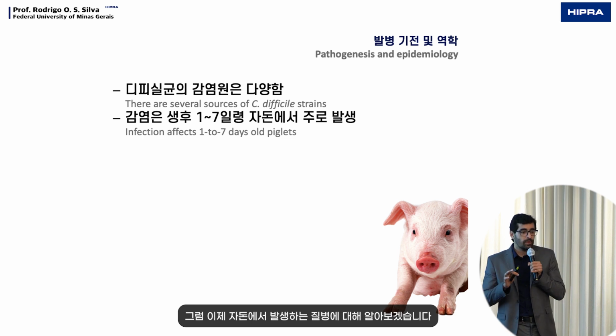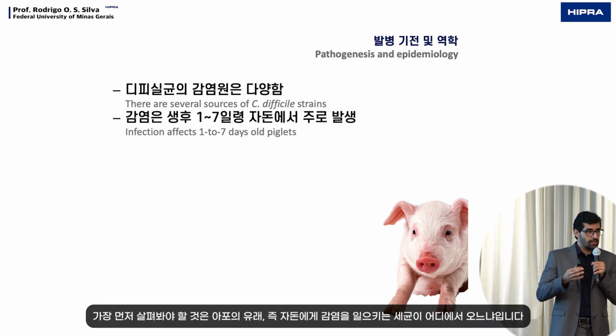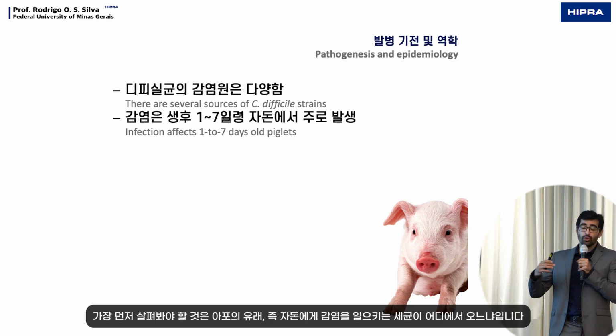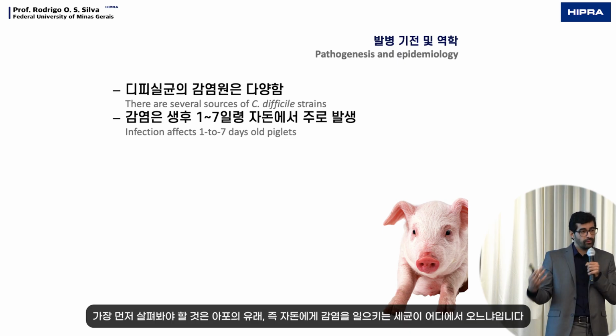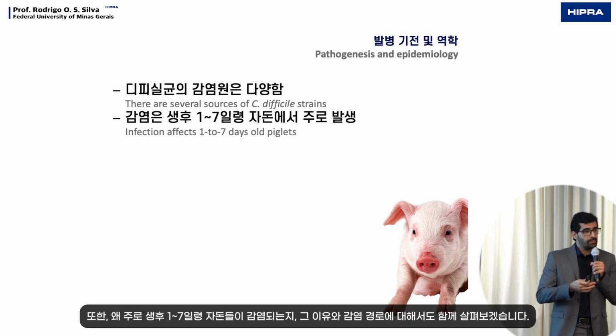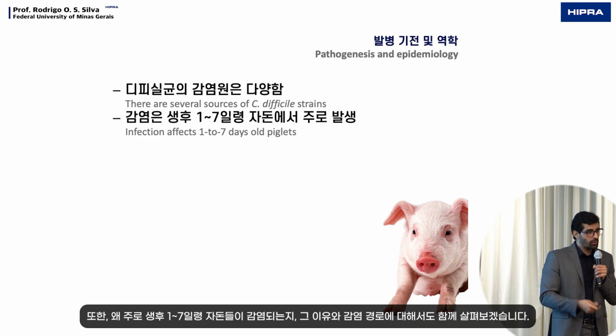So, let's talk about the disease in piglets then. The first thing we have to discuss is the source of spores, the source of bacteria for piglets: where this bacteria is coming from, and also why piglets between 1 to 7 days old are affected, and how these animals are affected.